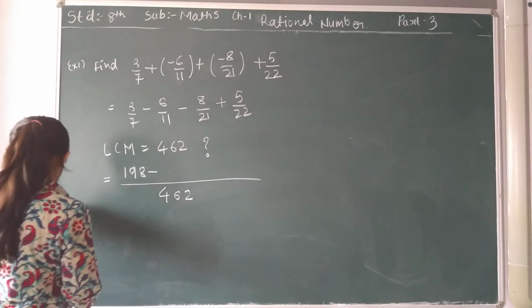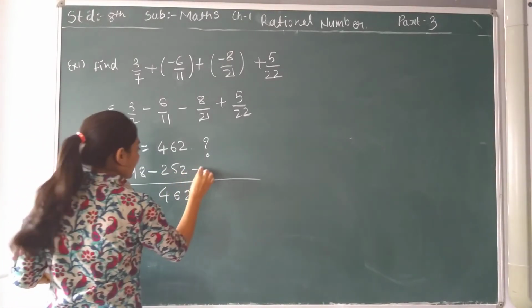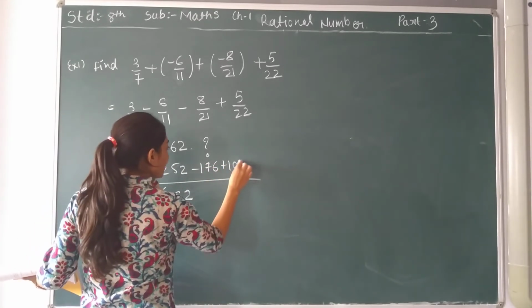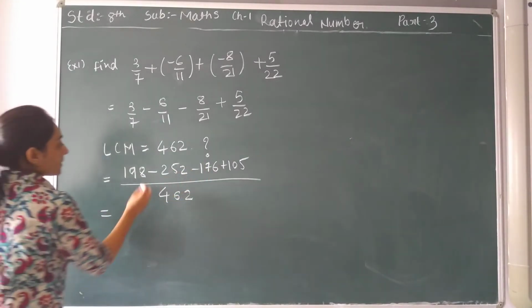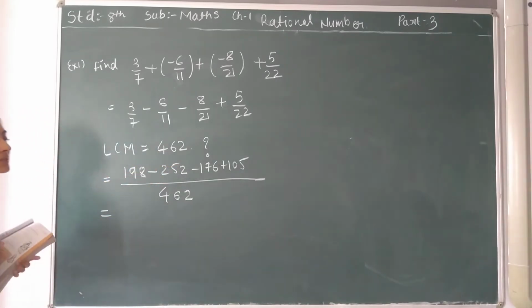Okay, so the next one is 252. Okay, and 176 and plus 105. Now add all these things. Okay, now you know how to add and subtract all these things.